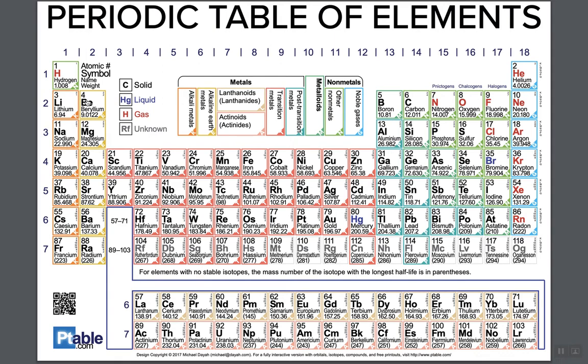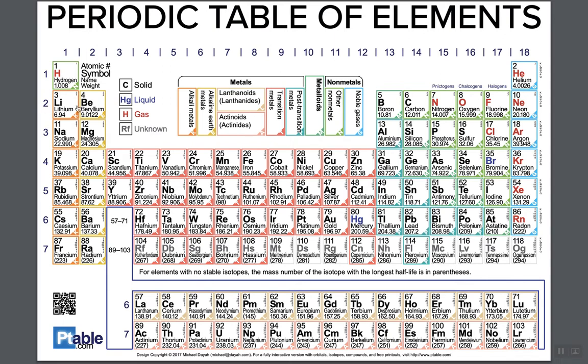Then when we slide over to group 2A, we have beryllium, magnesium, calcium, and so on. Those are called the alkaline earth metals. Not quite as reactive as the alkali metals. They have 2 valence electrons.